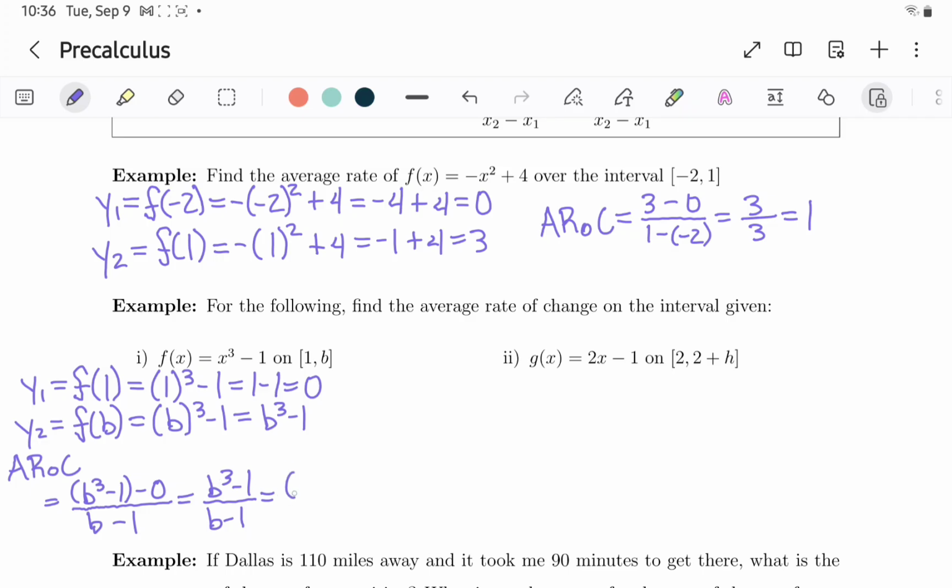So this is going to factor as b minus 1 times b squared plus b plus 1. Most of you are probably familiar with the difference of squares factorization formula, and this is a similar factorization trick.